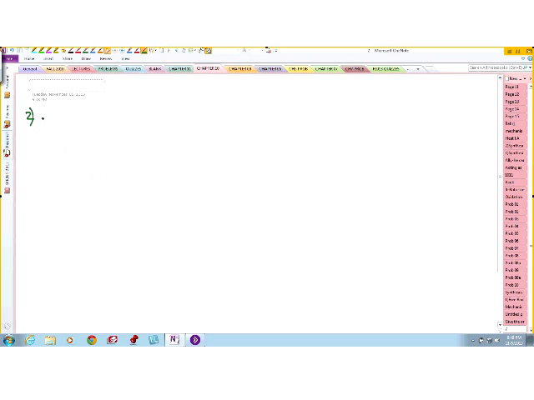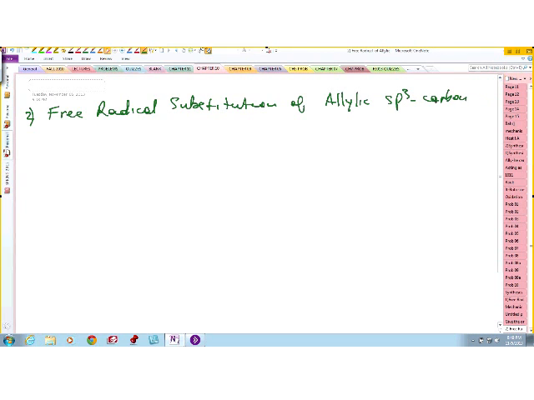Now the second reaction, free radical substitution of allylic sp3 carbon using what we call NBS.